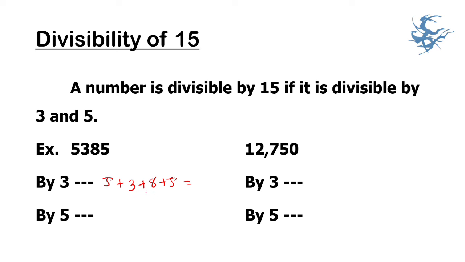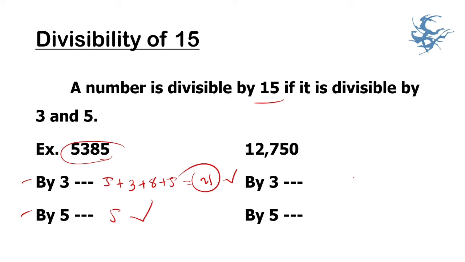Plus 8 is 16. Plus 5 is 21. And it is a multiple of 3. Now, with divisibility of 5, titingnan na natin yung last digit niya. Since it is 5, then it is divisible by 5. Since nasatisfy itong dalawa, this whole number is divisible by 15.